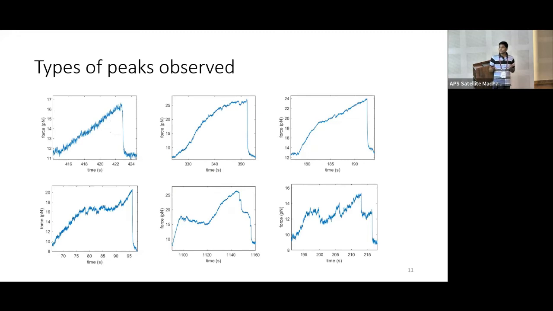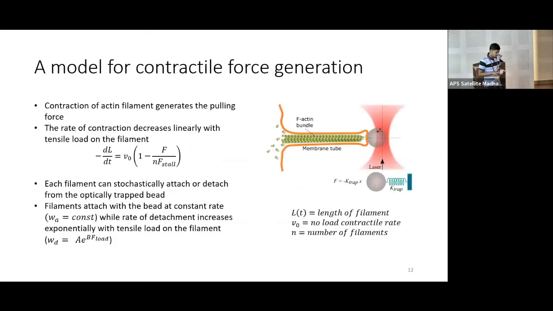And sometimes we see the collapse happening in multiple steps. This gives the hint that there is some discrete number of elements which is generating the force. We also see peaks coming on top of another peak. So we thought of a model to explain this.